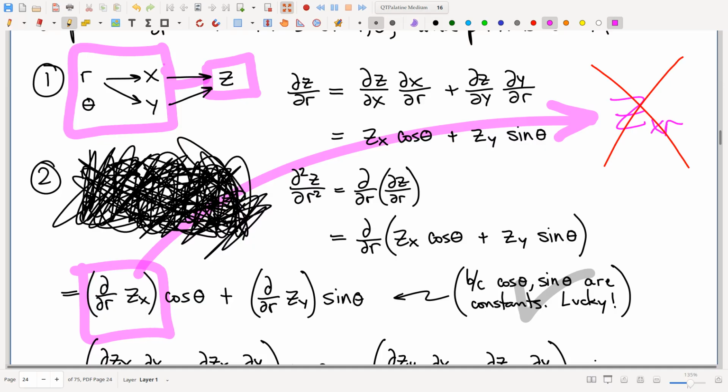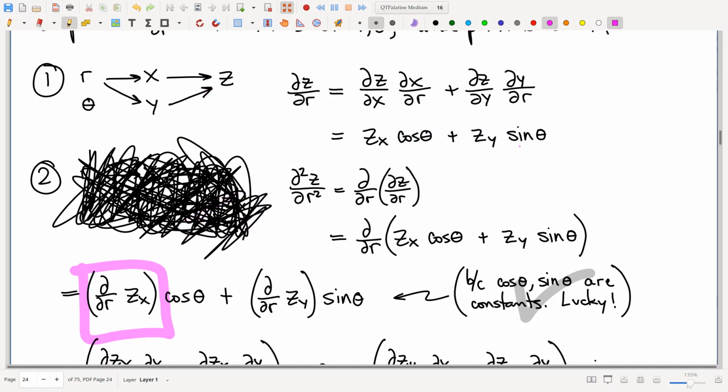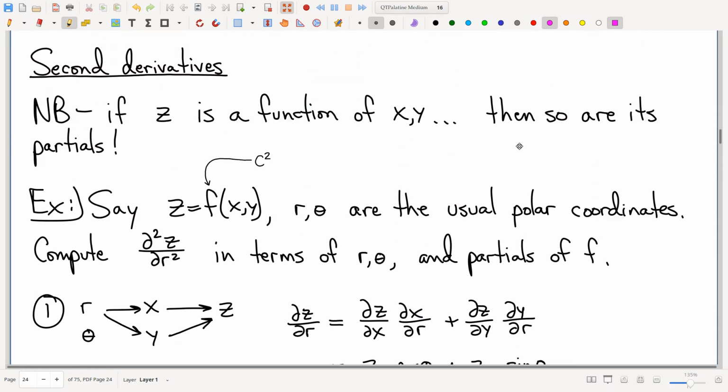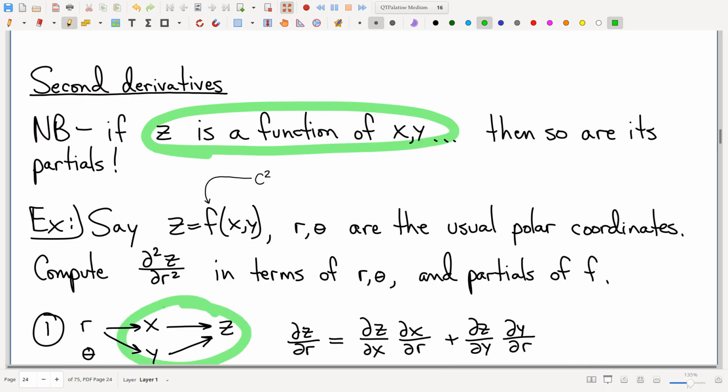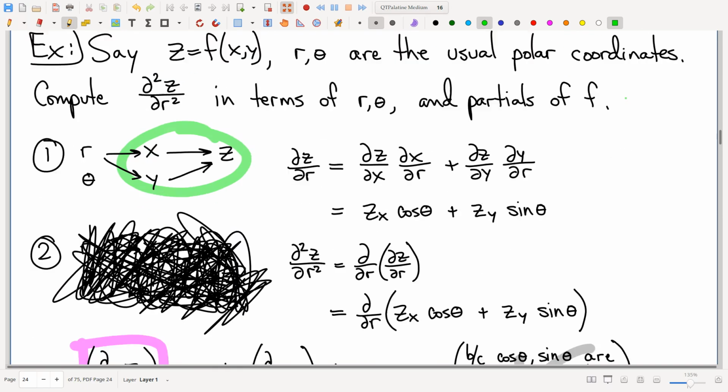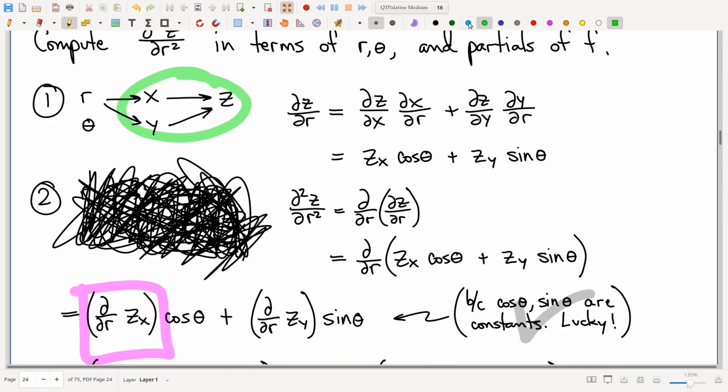Here's how we get around this problem. We get around it by recognizing, as we noted at the very beginning, that z being a function of x and y, so are its partials. So in particular, z_x and z_y are functions of x and y.